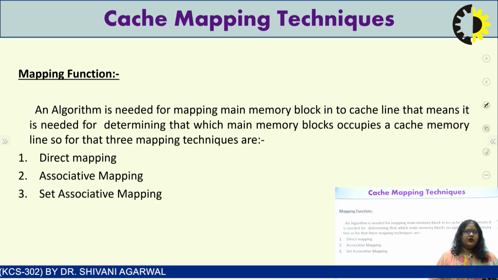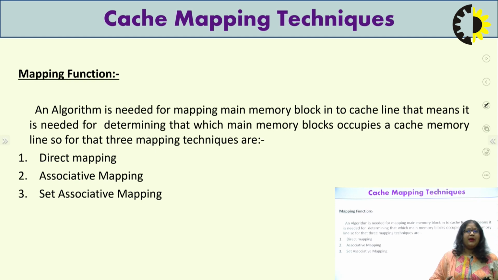Now, the mapping function. Why do we require the mapping function? Basically, when the data is not present in the cache memory, we find the data in the main memory and we have to copy that data from main to cache. So how do we move the word from main to cache or cache to main? That requires a mapping function.